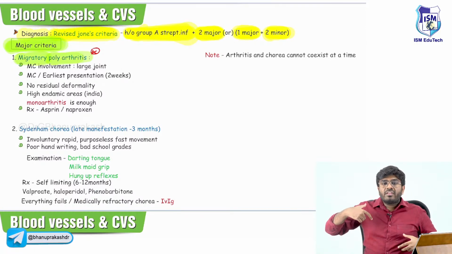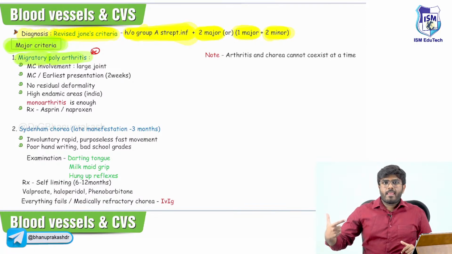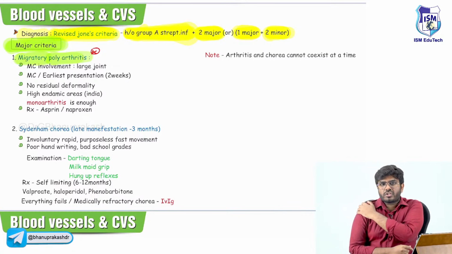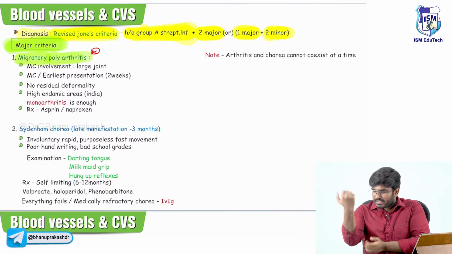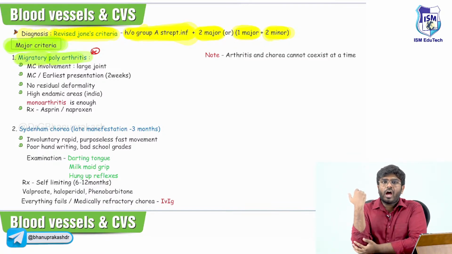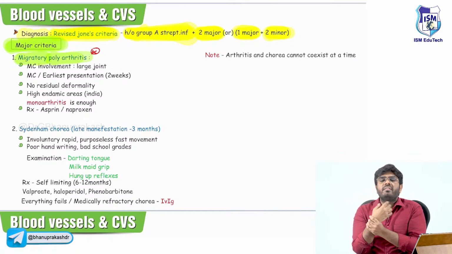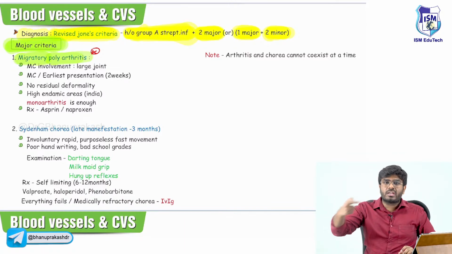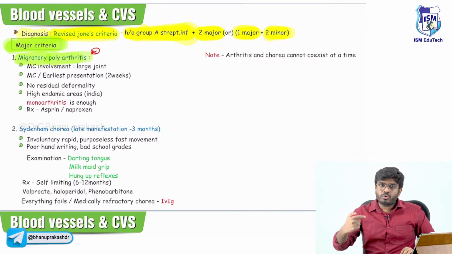For example, my shoulder joint is affected; after 3-4 days the pain and inflammation are reduced and it is resolved. Then my elbow joint is affected, and after 3-4 days everything becomes normal. After that my wrist joint is affected. So there is a migration of inflammation from joint to joint.